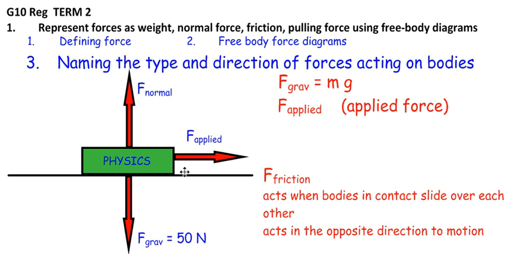So if this book were moving to the right, it will then have a friction force which would be acting to oppose its motion, in the opposite direction to its motion, acting to the left. Note that I made the arrow here smaller, just simply to say that a smaller arrow means a smaller force than the applied force. And we can label the force of friction.